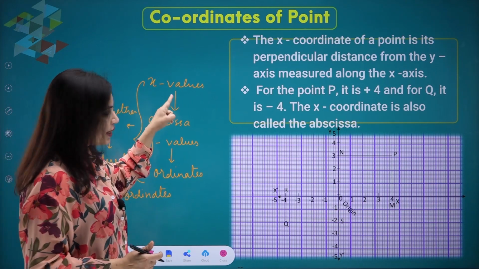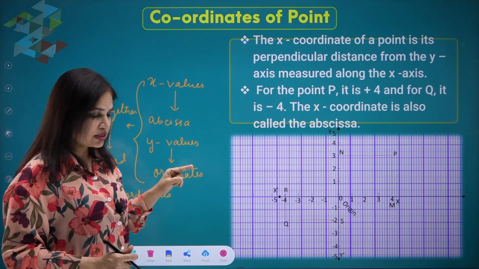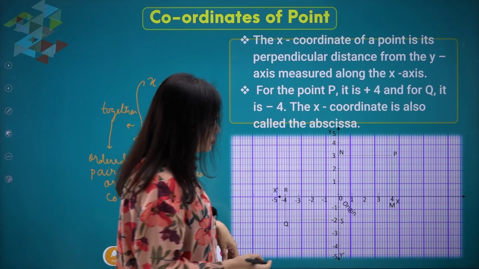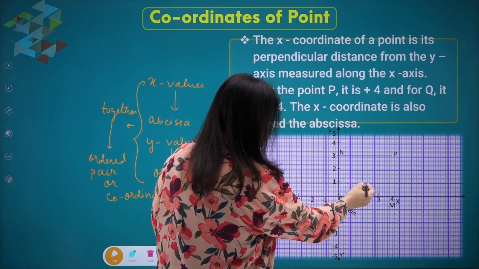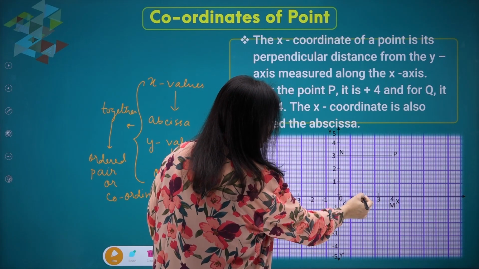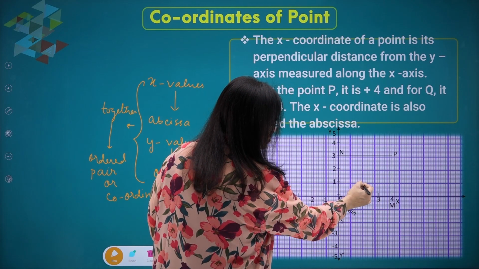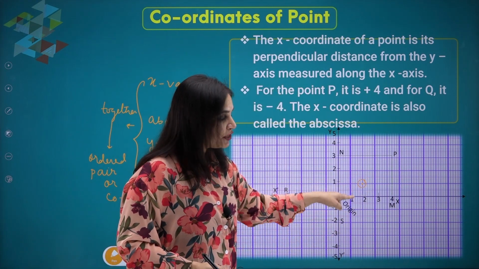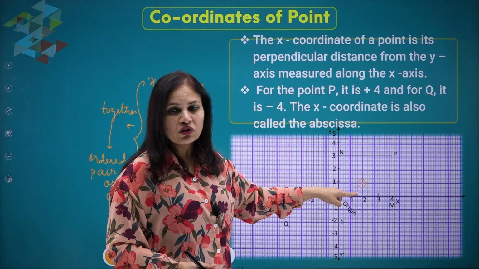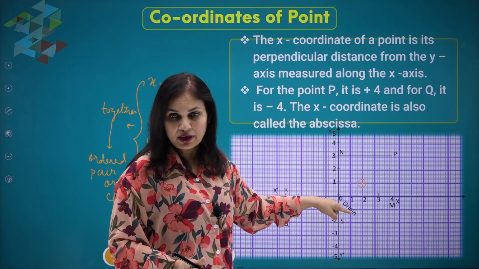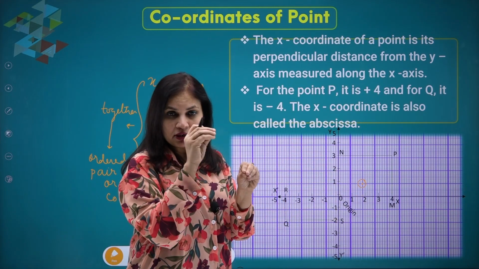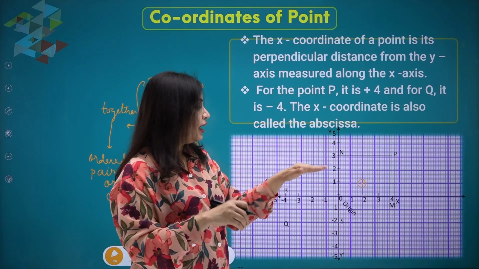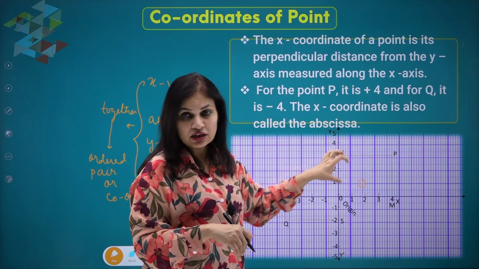So how do we get the x values? Let us first discuss that. Suppose I choose a point here. Now to get the x value of this point, because this point is a combination of both x and y, because I have not placed it particularly on the horizontal number line or the vertical number line, I have placed it in the Cartesian plane.